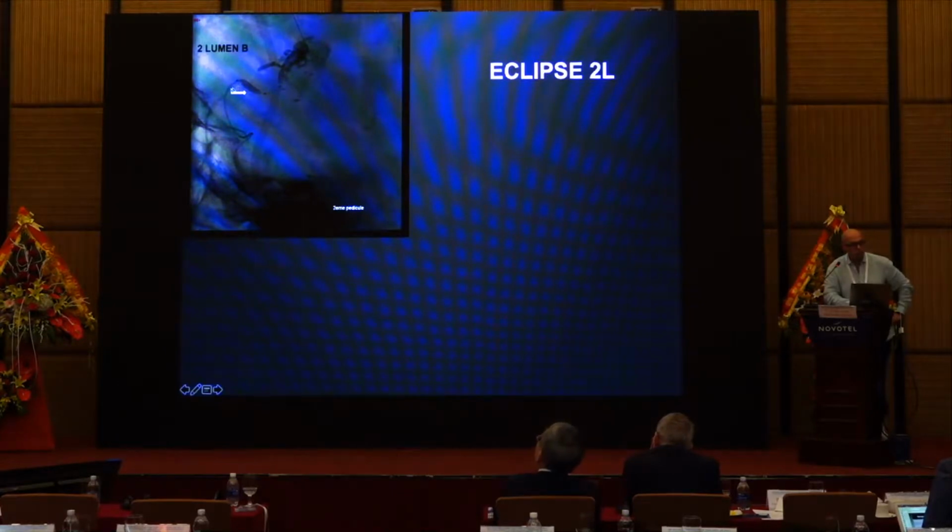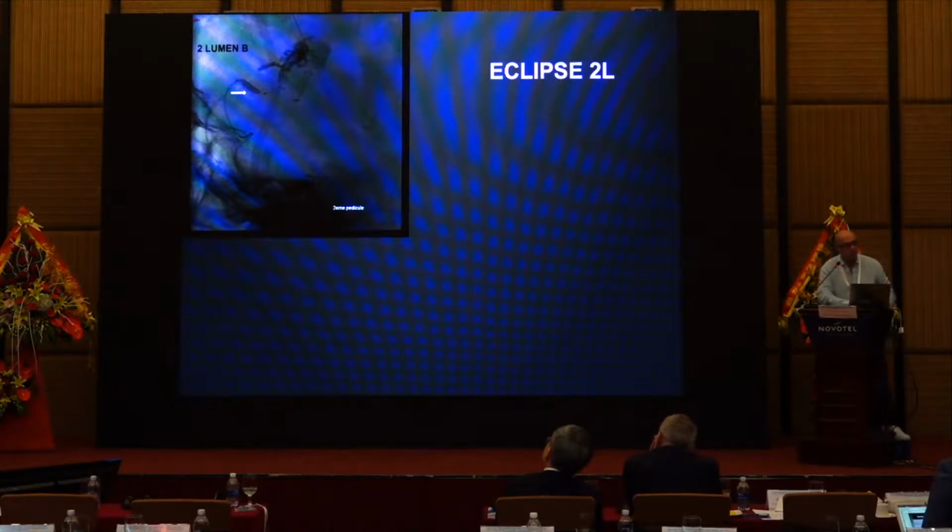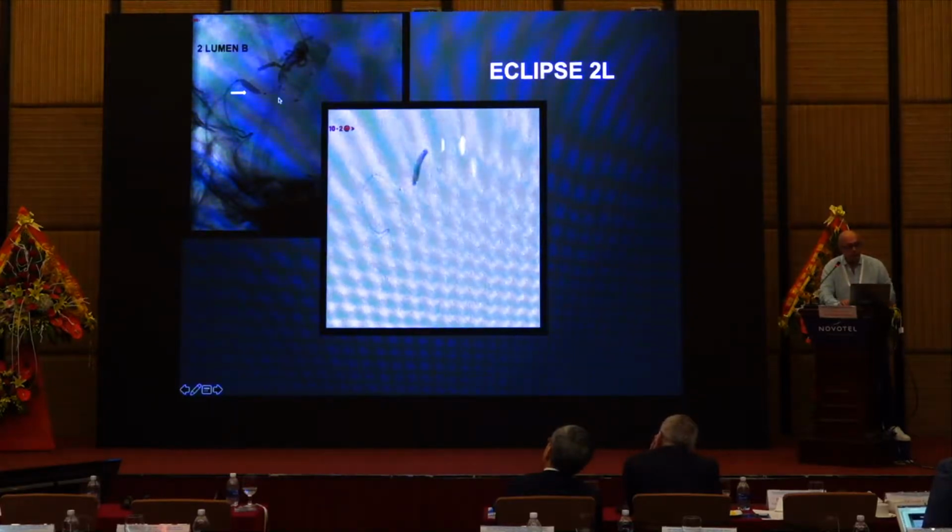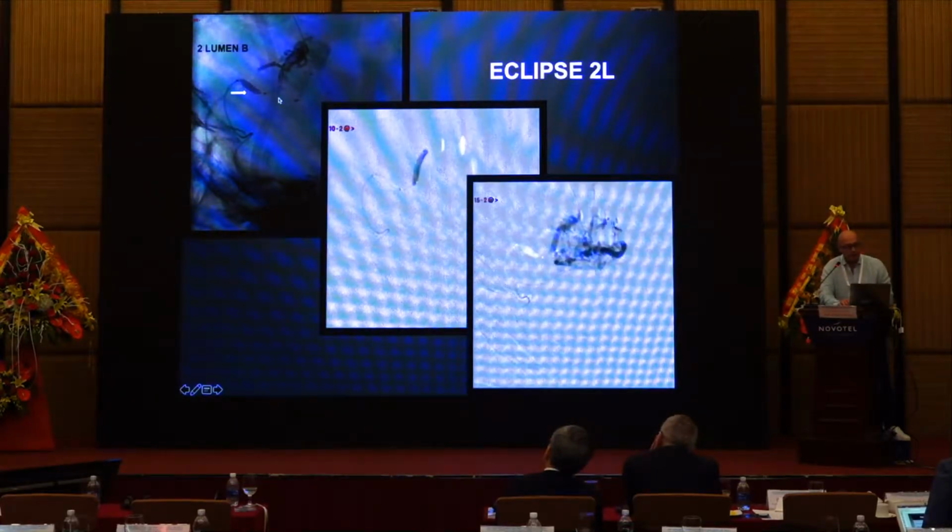You can see here this is a double lumen balloon. It means you have two lumens inside, one for injection and one for inflation of the balloon. You inflate the balloon and then you inject the glue under the inflated balloon, like this is the case. And this is after injection of the glue. You can control your injection, and you can inject much more when you have the balloon inflated.